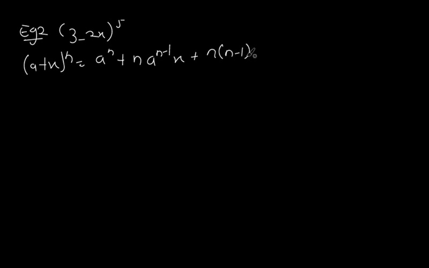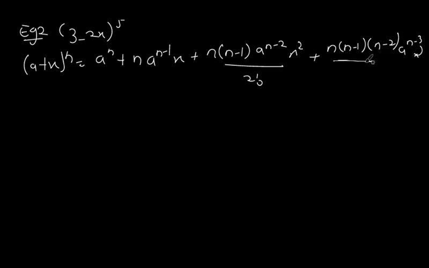Then n(n-1) a^(n-2) x squared, all divided by 2 factorial, plus n(n-1)(n-2) a^(n-3) x cubed all over 3 factorial, and it continues.